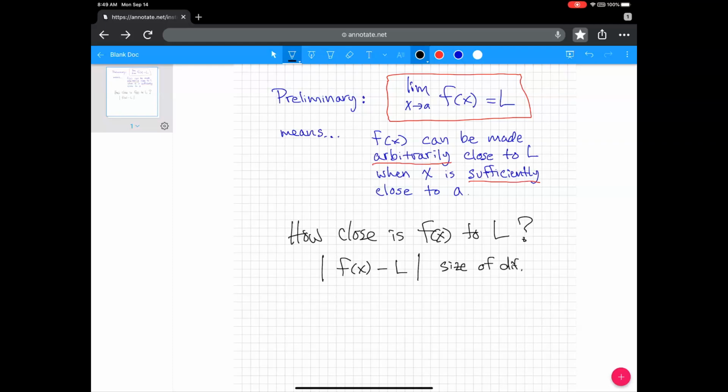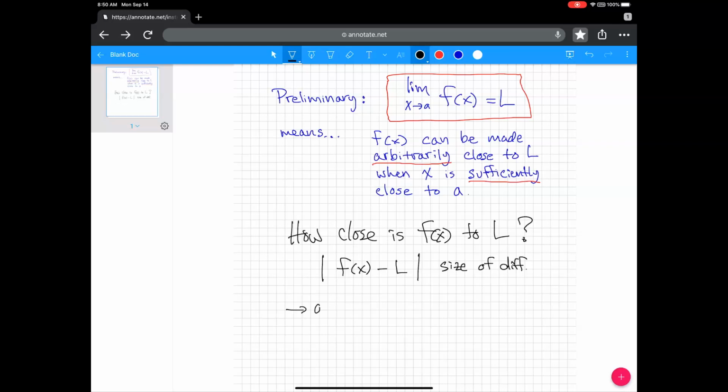So the size of the difference between the two is how close they are to each other. And so saying that f of x is arbitrarily close to L means that the difference between them can be made arbitrarily small.